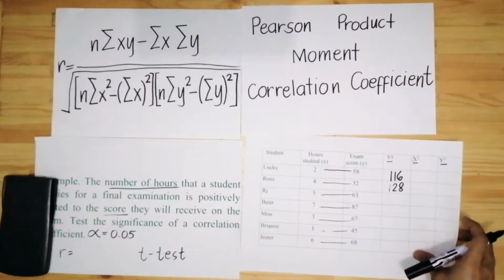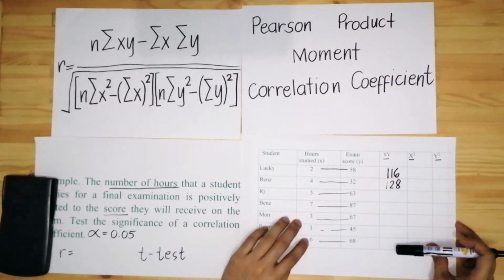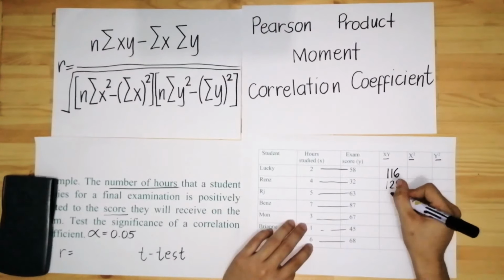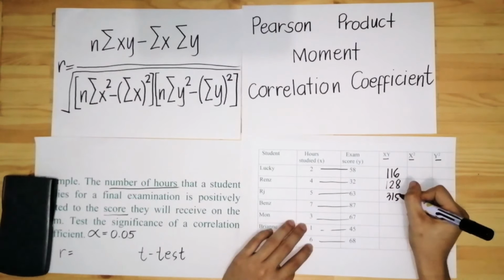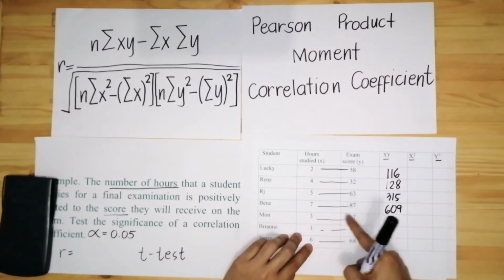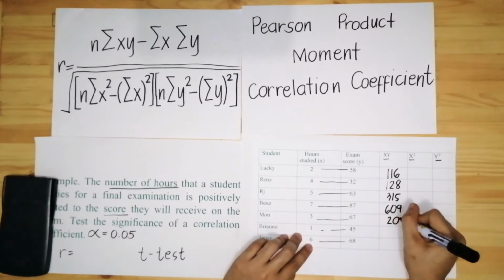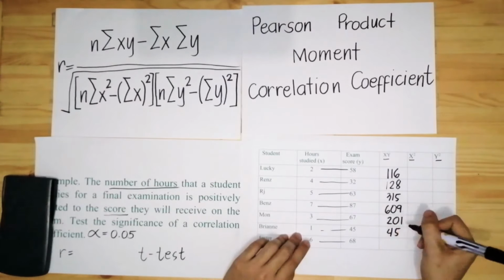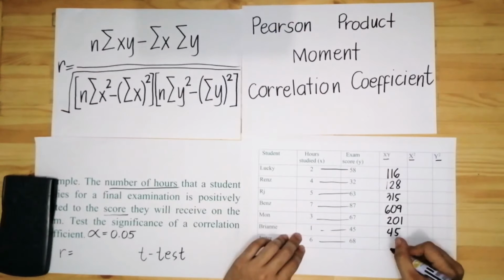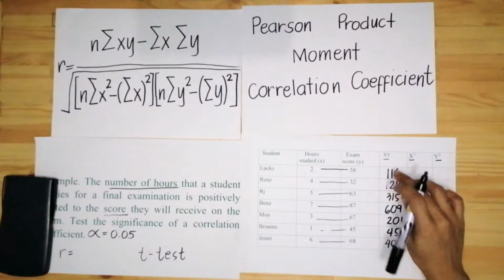Then meron din tayong 315, 609, multiply 3 times 67 is 201, 45, and then 408. So yun yung mga values natin for the xy.